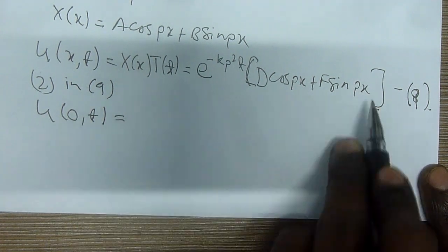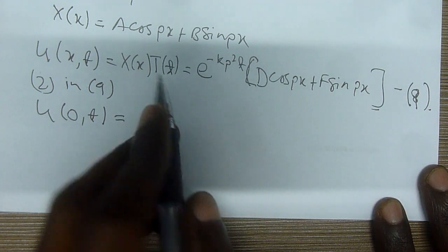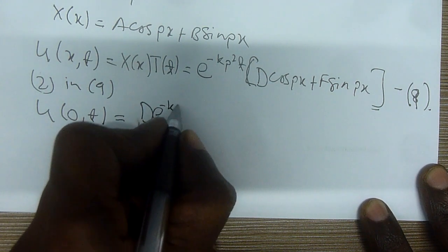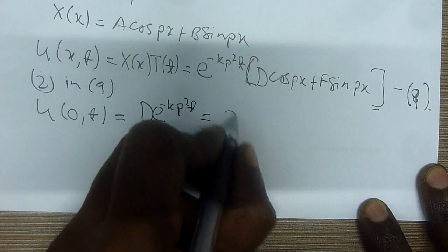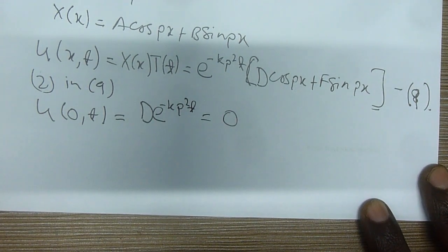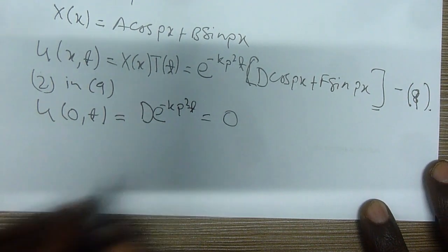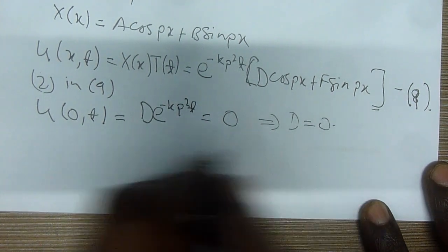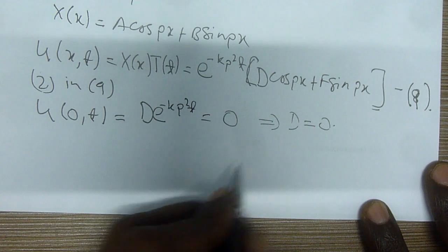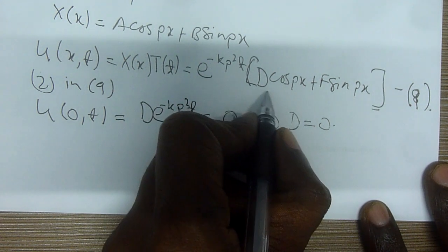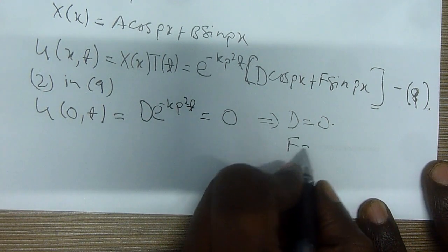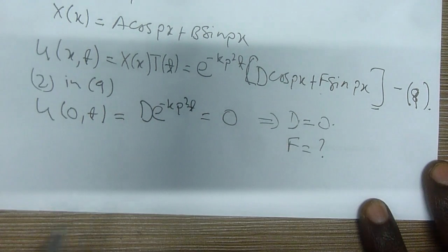Once 0 goes in X, sine is 0, then I get d e^(-kp²t), which will give me 0. Then it is very obvious it leads to D equals 0, not K. We already did that. Therefore, D is 0. Now our question is, what is F?